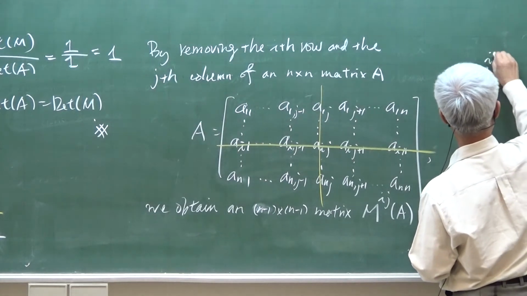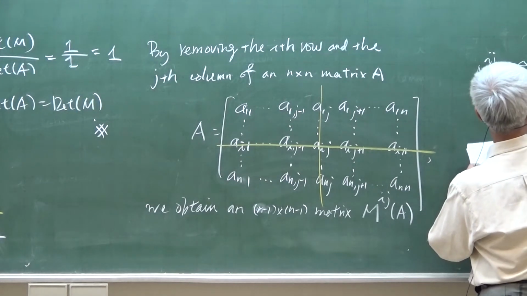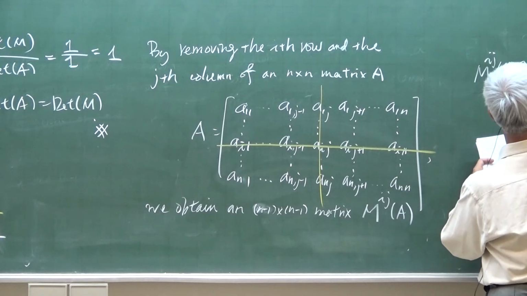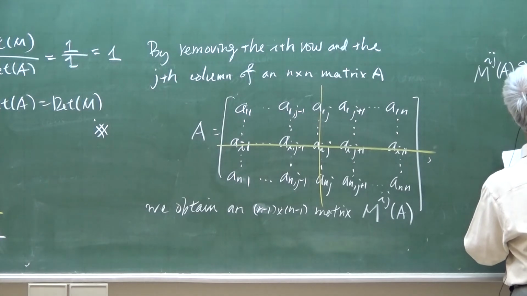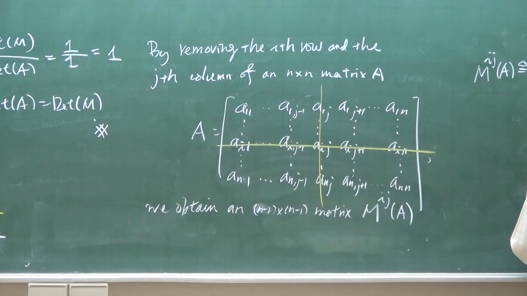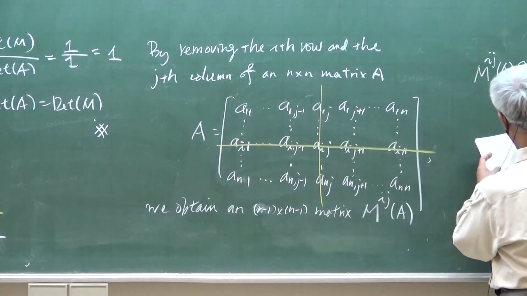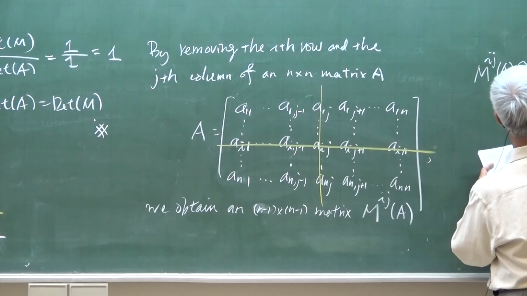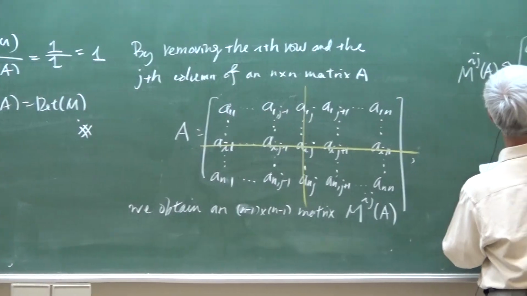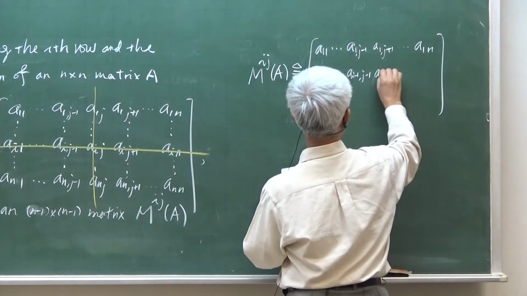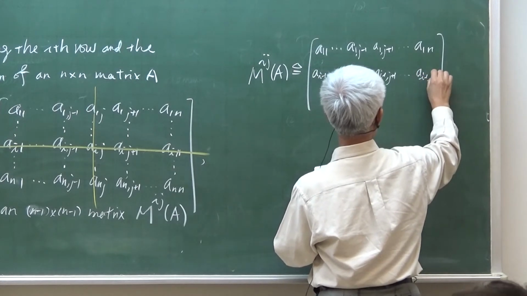So Mij(A): the first row should be A11, ..., A1,j-1, A1,j+1, ..., A1n. Then we have A(i-1)1, A(i-1)(j-1), A(i-1)(j+1), A(i-1)n.